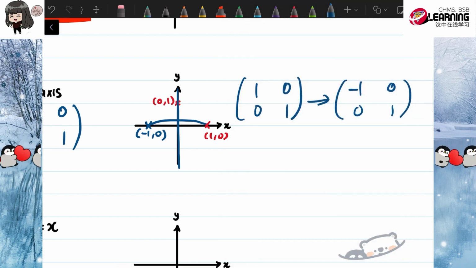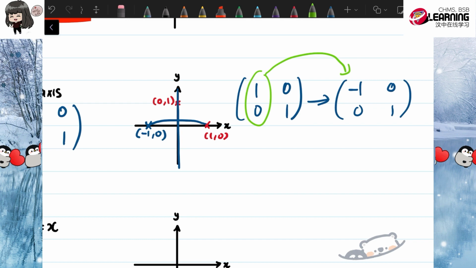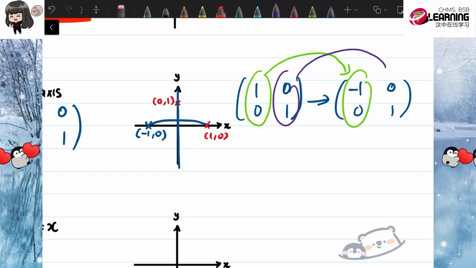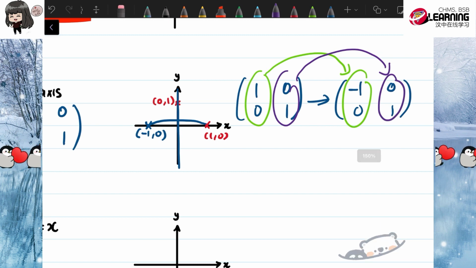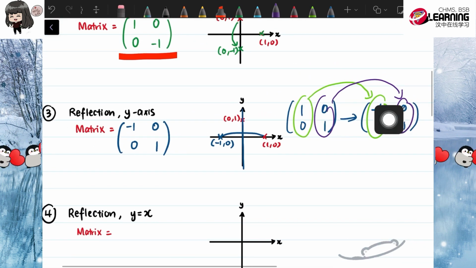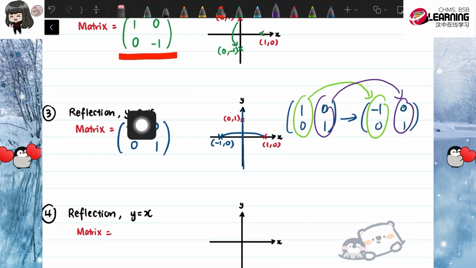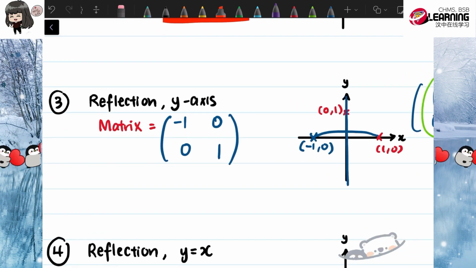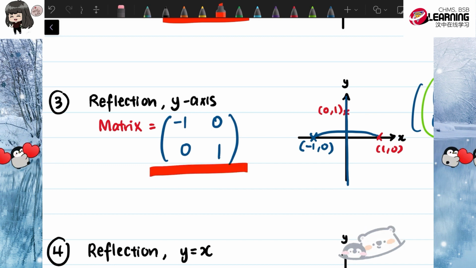This one reflects and becomes this; this coordinate reflects and will still be 0, 1. So this is under reflection y-axis. When they ask you what is the matrix represented by reflection of y-axis, this is the answer.